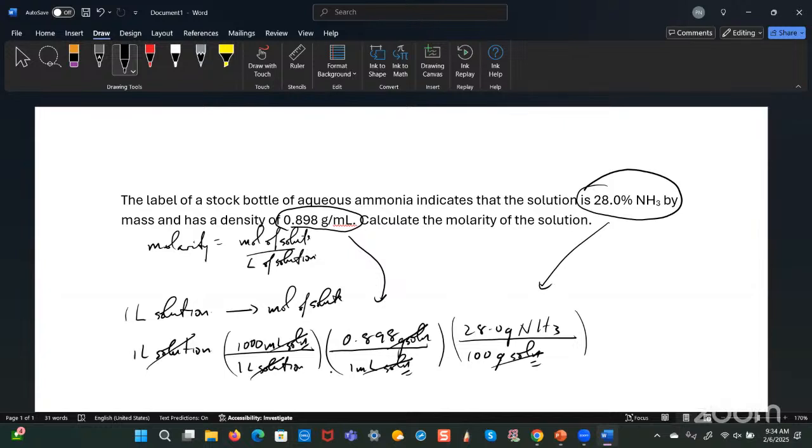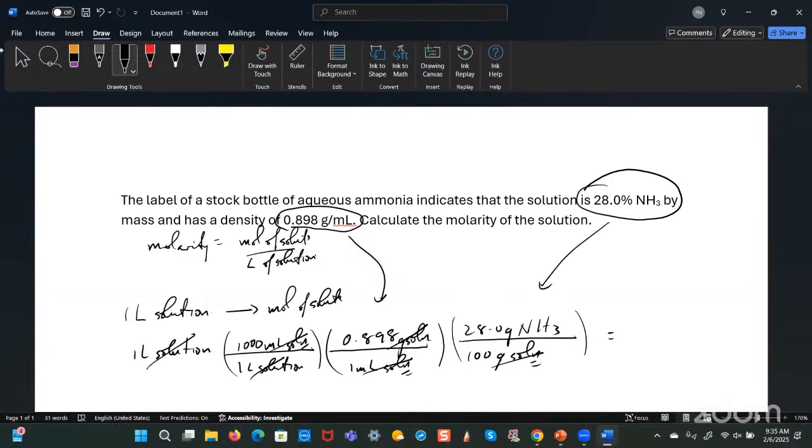All we need to do now is find the mass as a result of what we have here. So that would be 1,000 times 0.898 times 28, divided by 100. Hold on. Oh, we're not finished yet. There's one more step. And the next step is to find the moles. That's what we're trying to find.